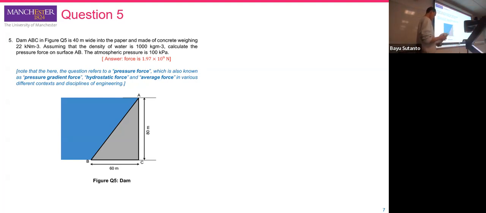Assuming that the density of water is 1,000 kilograms per cubic meter, we need to calculate the pressure force on surface AB, where the atmospheric pressure is 100 kilopascals or 1 bar.